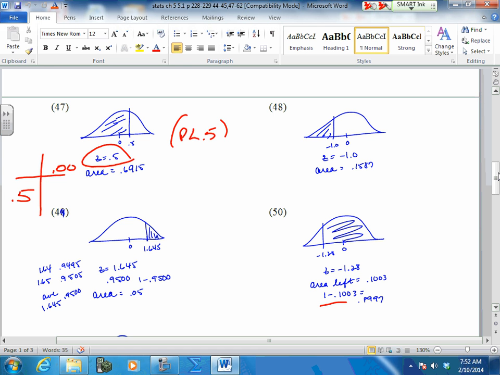The 1.645 is one of those z-scores that falls exactly in the middle of 1.64 and 1.65. If you looked up 1.64, you get one answer. If you looked up 1.65, you get a different one. What they wanted us to do here is what we call extrapolate. Find exactly the halfway point. If you notice, this is 5 under, this is 5 over.